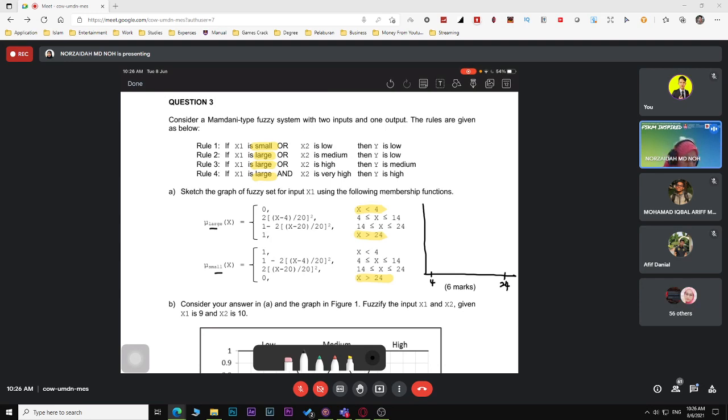Tapi saya rasa saya kena letakkan di dalam kejap, saya letakkan dia dekat dalam OneNote lah. Besar sikit ruang nak lukis. Sekejap ya.